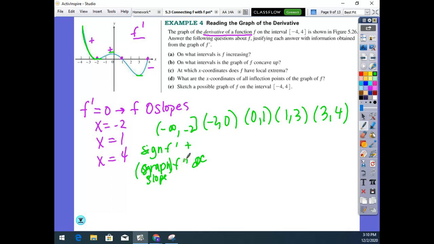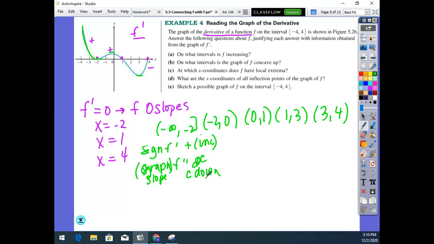If f prime is decreasing, that means f double prime is negative, concave down. All right, so if f prime is positive, the function is increasing. Because f prime is decreasing, it's concave down.